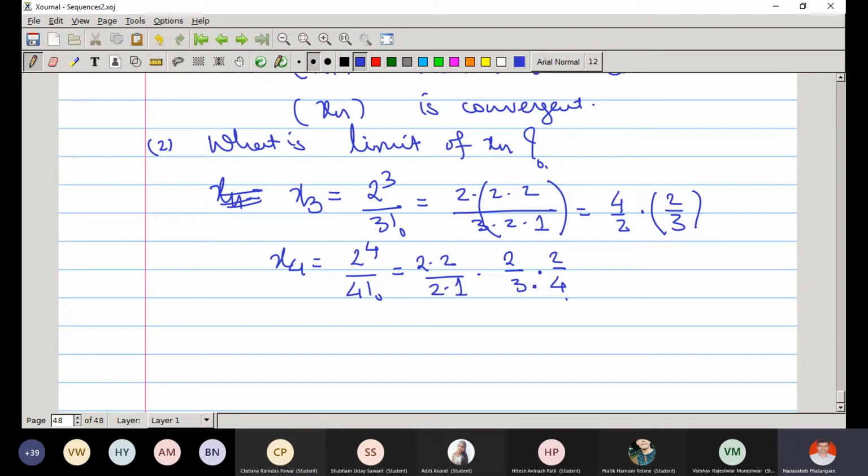Which is the larger one among these two factors? 2 by 3. But 2 by 3 is less than 1. Can I say that this quantity is less than 2 into 2 by 4? Yes, because 2 by 3 is less than 1.